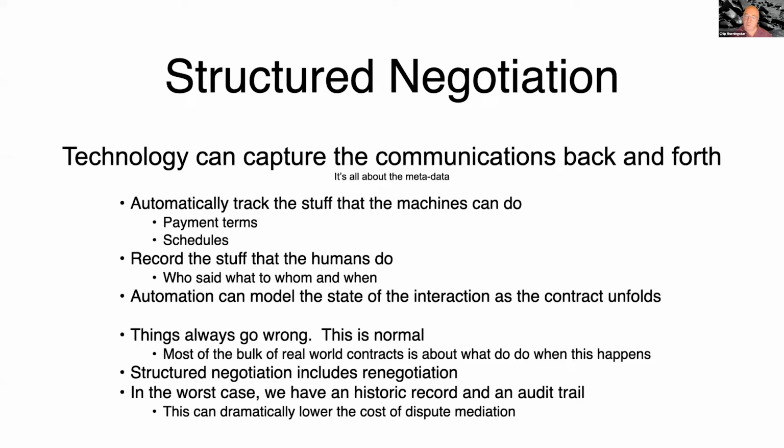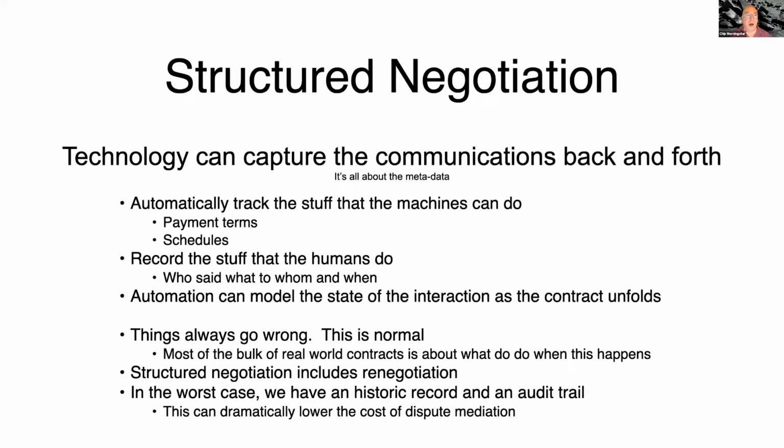You can use automation to track the stuff that automation can take care of, things like payment terms and scheduling and the like. We could have lots of back and forth, and we can record the communications that were exchanged between the participants. And we had a model, sort of a state machine, which modeled the state of the contract as its execution unfolded.